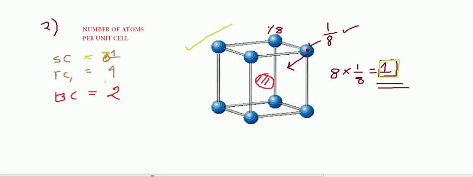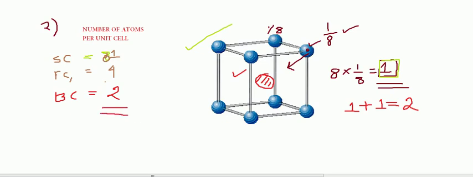So this atom is completely for this particular cube. So we have 8 corner atoms whose total contribution is 1, and we have 1 atom at the center whose contribution is 1 because it is not shared by any other cube. So what is the total value? 2. So for a body centered, the number of atoms per unit cell is 2.